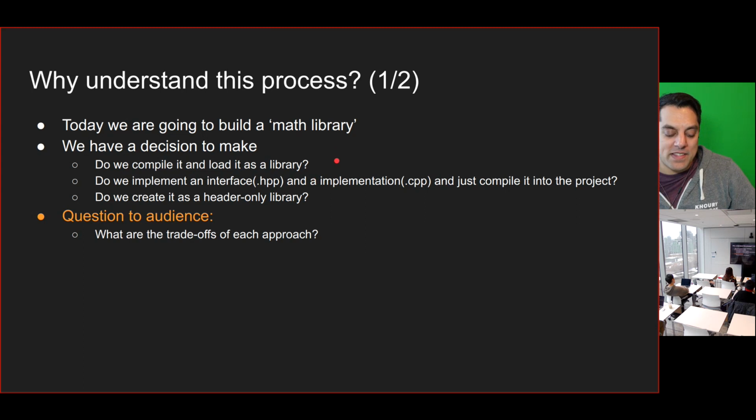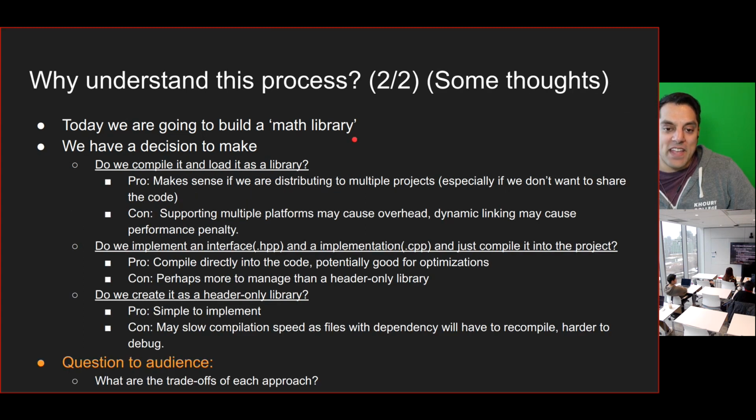Well, let me give you a little bit of insight, because it might be a tricky question. There are really trade-offs between all these approaches, so you have a pro and con with each. With this first option, we could compile our code as a separate library, a shared object file or a DLL. That's especially useful for distributing to multiple projects, and we don't need to share the code with anybody.